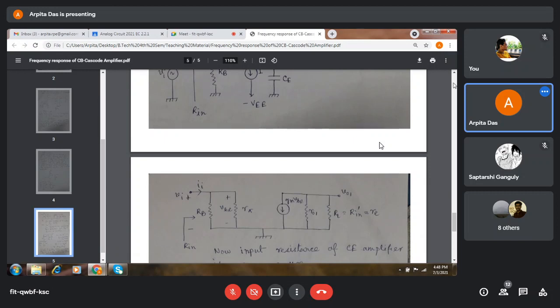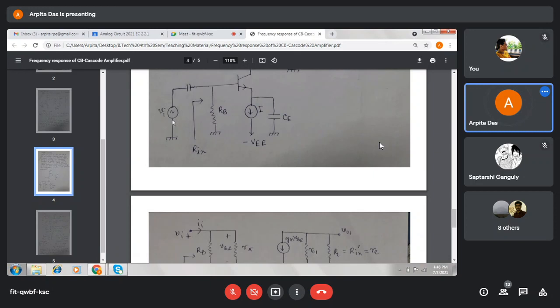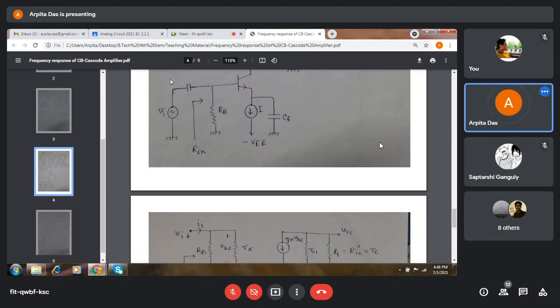Now let us see. This input signal Vi is connected for amplification. Here we just ignore the existence of VCC. You can use it, there is no problem in considering additional signal sources. And this base resistance RB is applied here for biasing purpose.